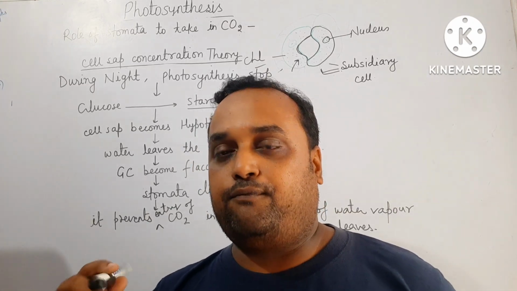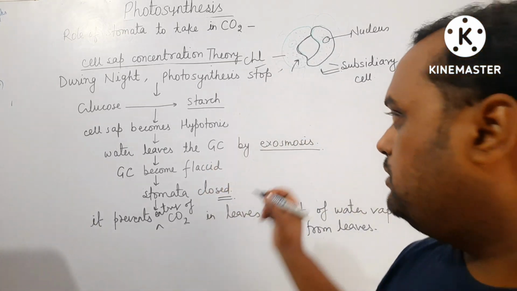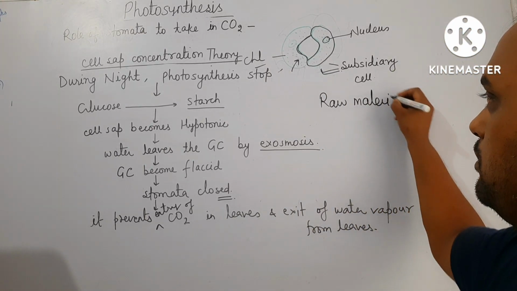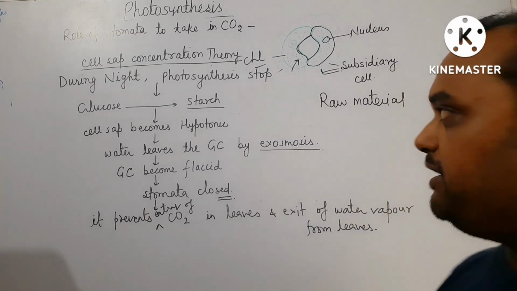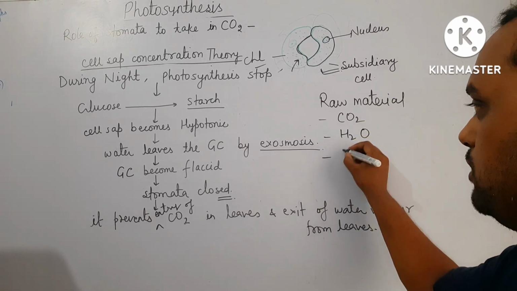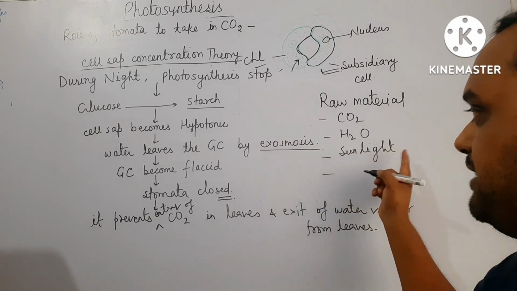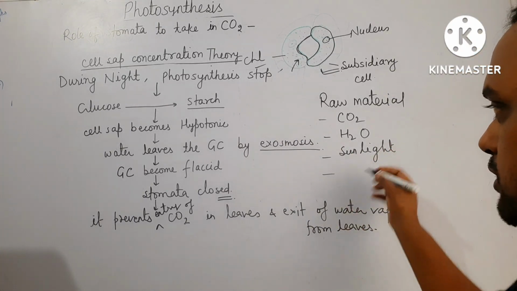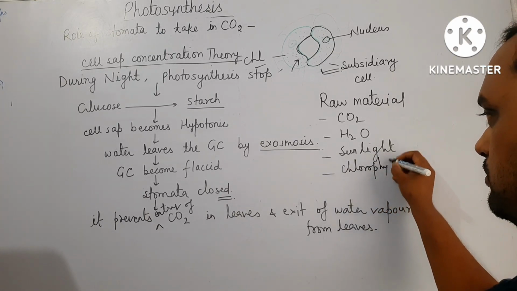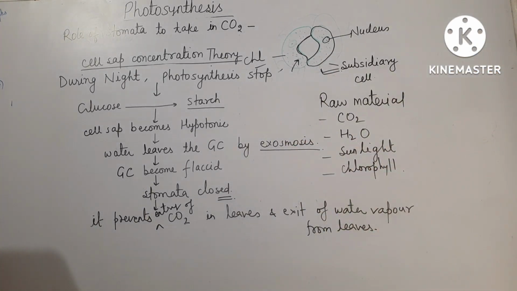So the four important raw materials we can mention here: first CO2, second water, third sunlight, because most of the light reactions are due to sunlight, and the last is chlorophyll, your chloroplast. So these are the main raw materials.